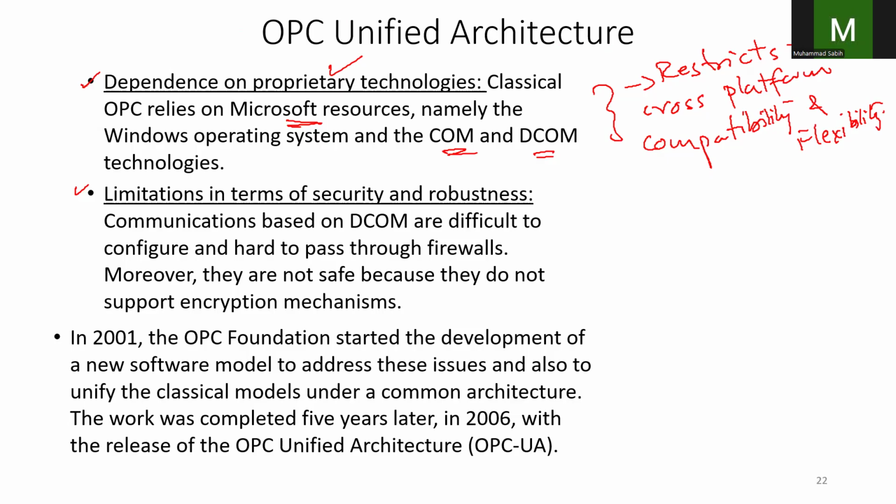Secondly, there was a serious issue of security and robustness concerns. DCOM-based communication is hard to configure, especially when dealing with firewalls. It's also not secure by today's standards, and it lacks encryption mechanisms and authentication.